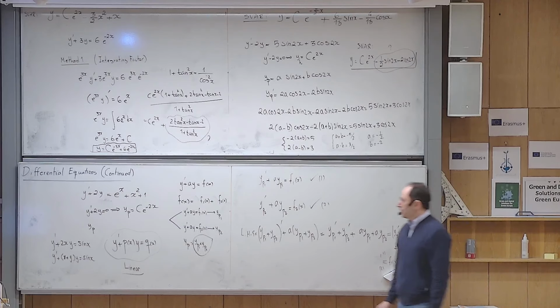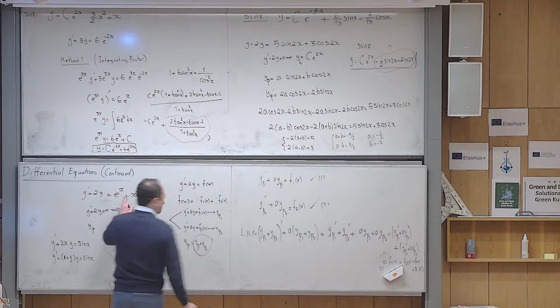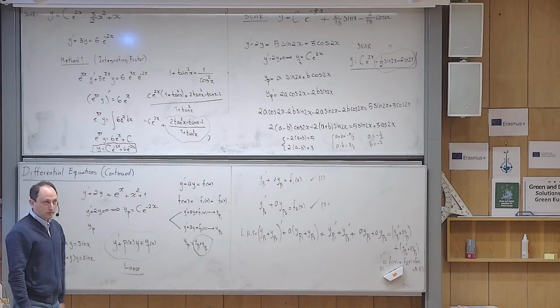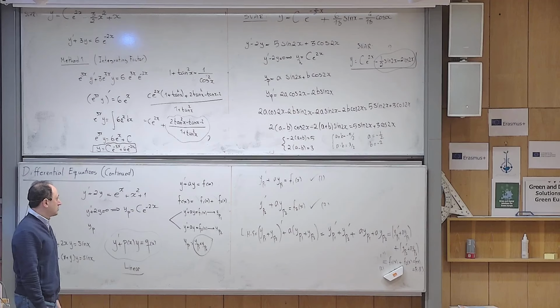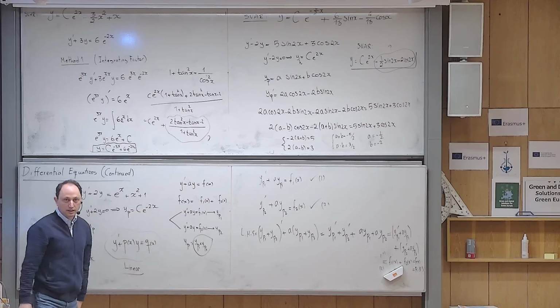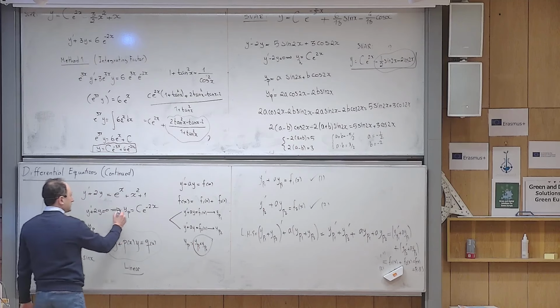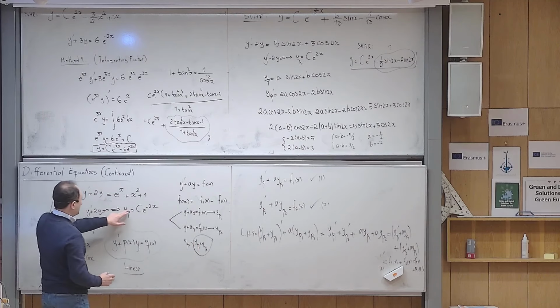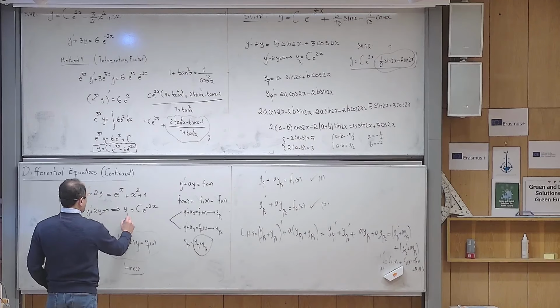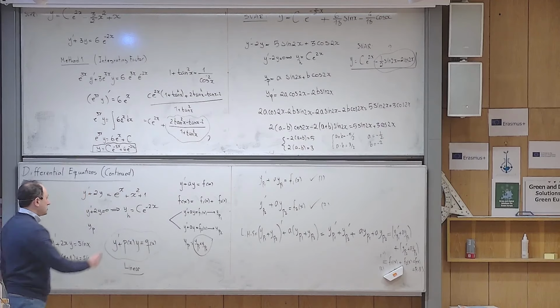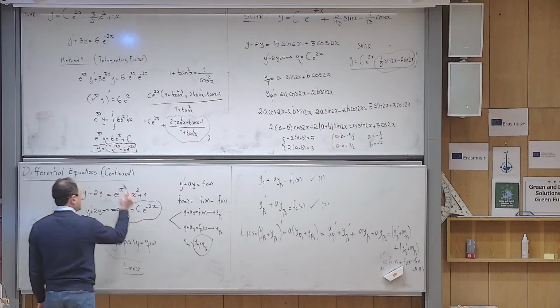So in principle, if I give you this in the exam, this is not one problem, this is two problems. Yes? So you have to consider this one separately and that one separately. But for the general part, you don't need to separate them. So the general part is this. Sorry, I made a mistake here. This is not yp, this is yh. So yh for both of them is the same.